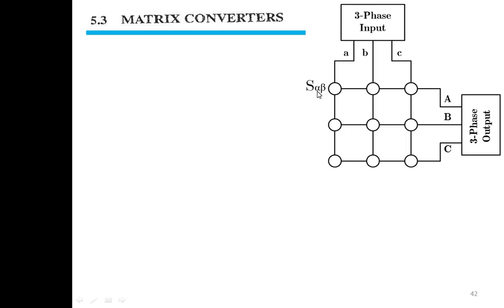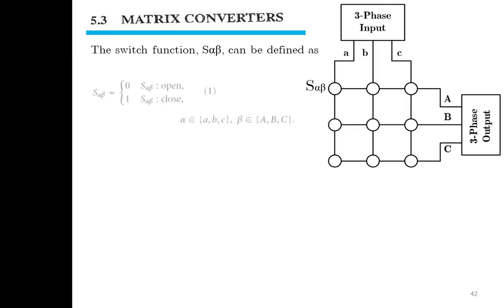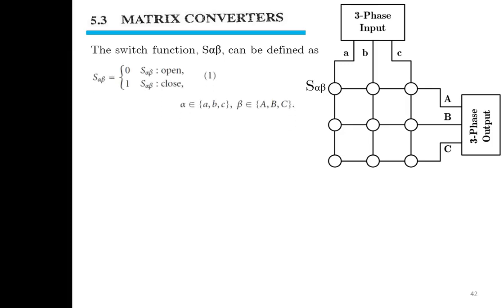S subscript alpha beta represents a generalized bidirectional switch. The switch function S alpha beta can be defined as, since it is a switch, 0 or 1. When the switch S alpha beta is 0, it is open. When it is 1, it is closed.